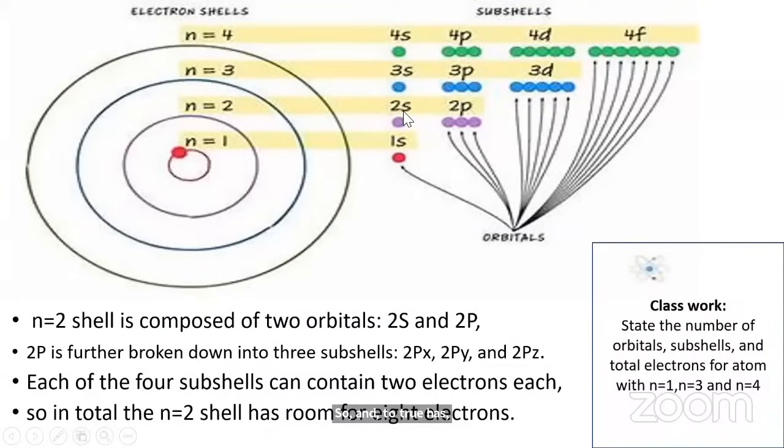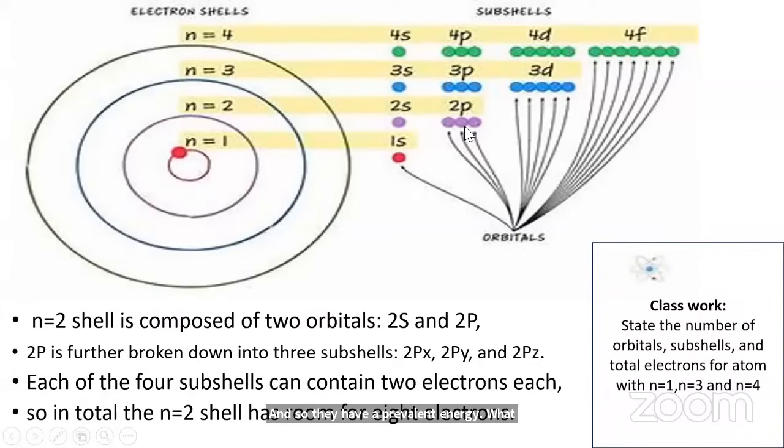But remember, the 2p orbital here, if you look at this ball, is broken down into 3 orbitals of the same energy. If you see, the purple balls are aligned on the same energy level, and so they have equivalent energy.